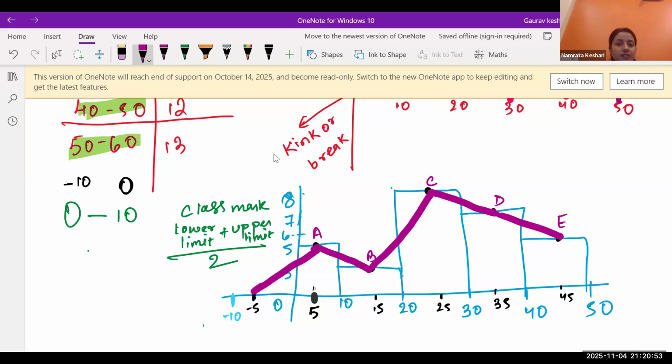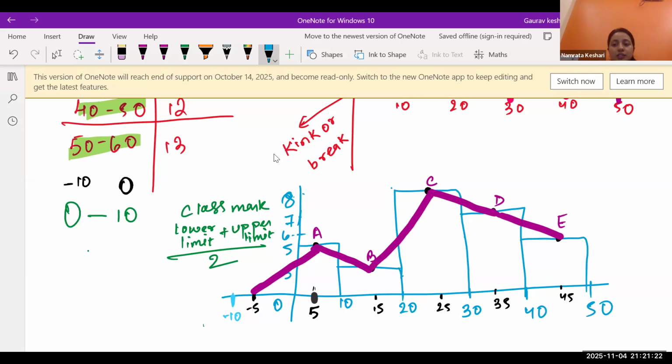With the last endpoint A, towards the end we have to do the same thing. So one more class interval we have to create. The data till last was 0 to 10, 10 to 20, 20 to 30, 30 to 40, 40 to 50. We are creating one more class interval just to complete this polygon.